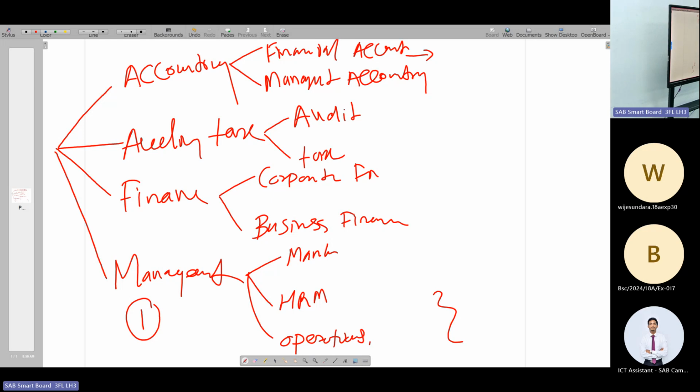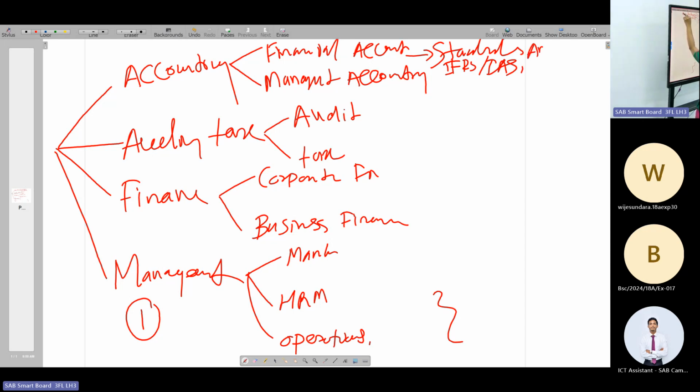What are the lessons we are discussing under corporate reporting? Very good. Standards. What else? It may be the IFRS. Yes. What else? Financial statements. Analysis of financial statements.